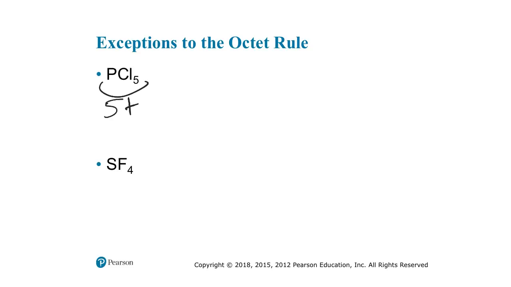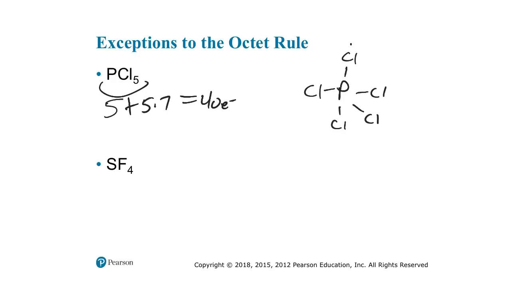PCl5: 5 plus 5 times 7, 40 electrons. Now I have no choice for this molecule but to expand the octet of phosphorus. Now I said before, atoms in the second row and in the first row, like hydrogen and oxygen, cannot expand their octets.